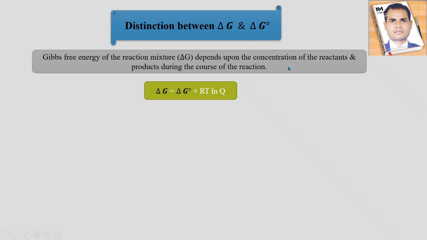The concentration of both reactant and product affects the Gibbs free energy, and the equation is ΔG is equal to ΔG0 plus RT ln Q.